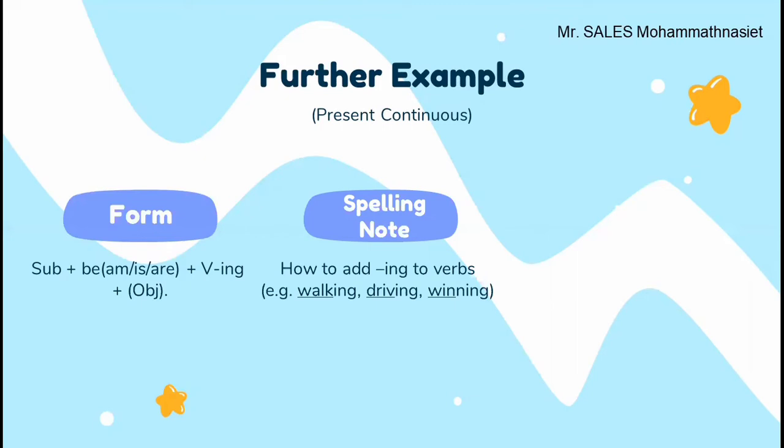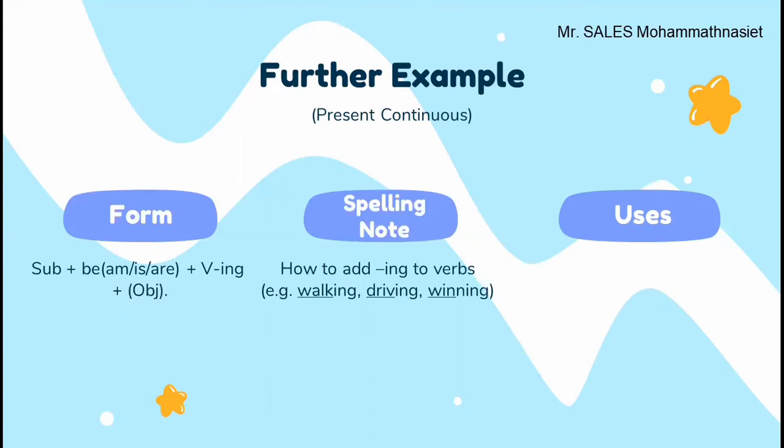For example, driving here. And the next one is when the verb ends in one vowel, one consonant. If it ends in one vowel, one consonant, we need to double the last consonant before we add ing.